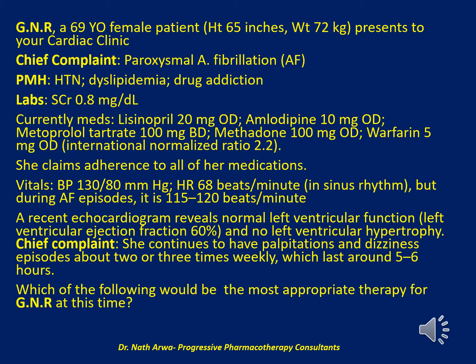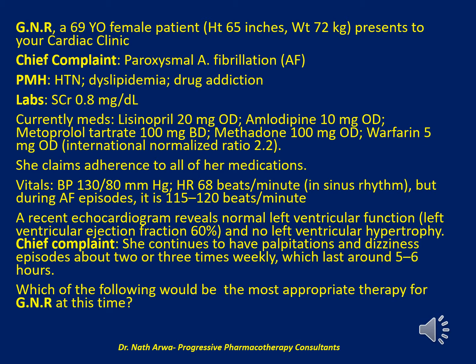She has an international normalized ratio of 2.2. She claims adherence to all of her medications. Her pertinent vitals include a blood pressure of 130 systolic and 80 diastolic, and a heart rate of 68 beats per minute. She is in sinus rhythm, but during atrial fibrillation episodes, it is 115 to 120 beats per minute.